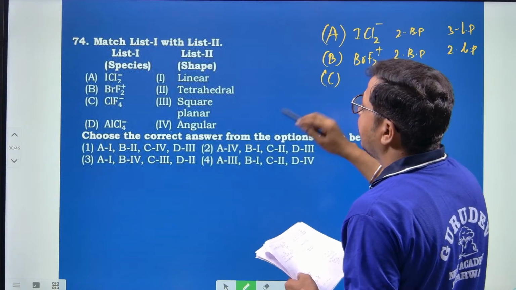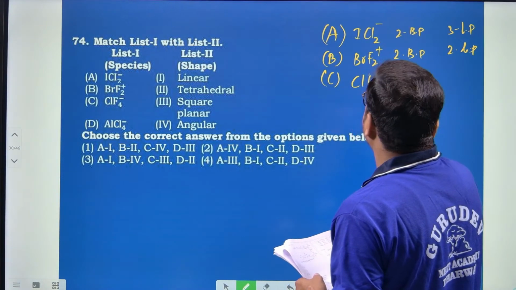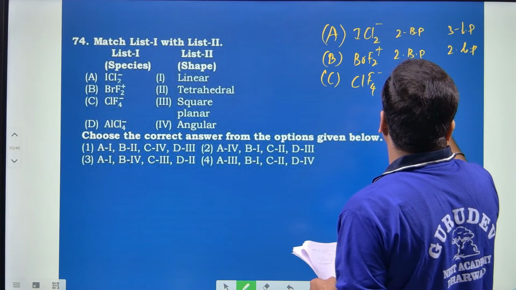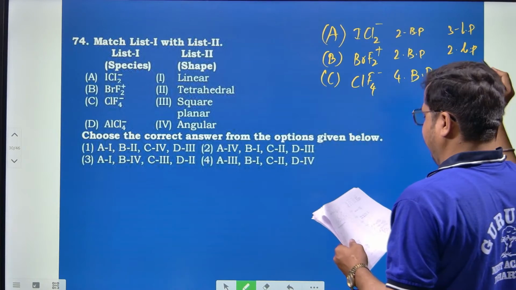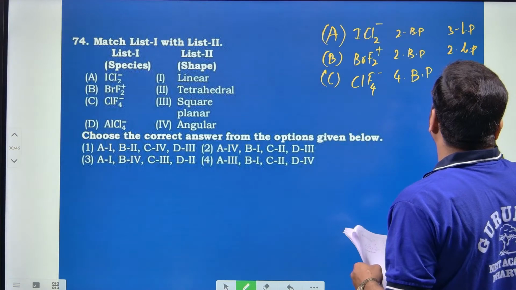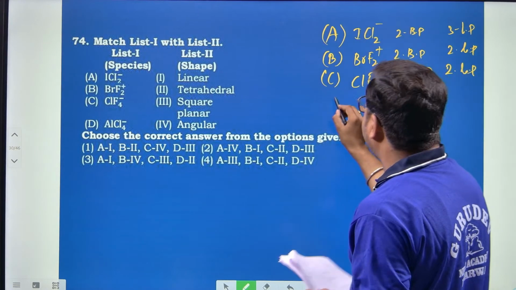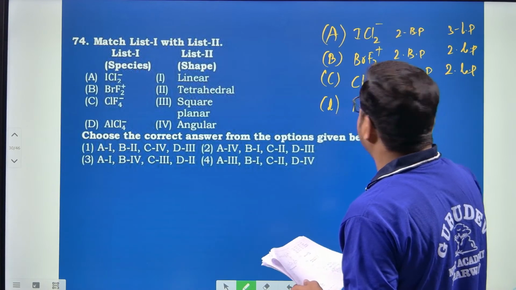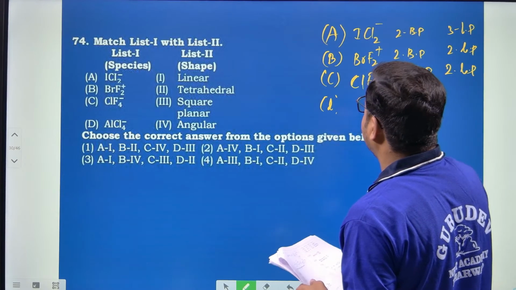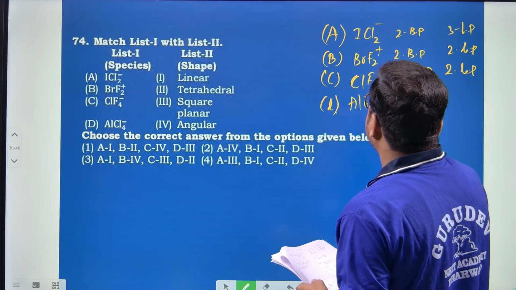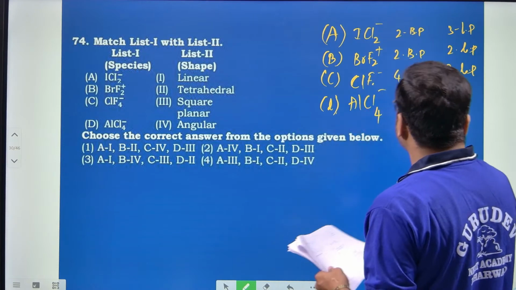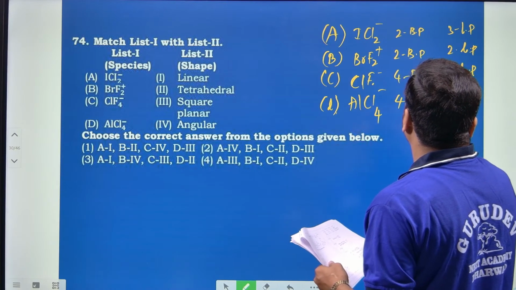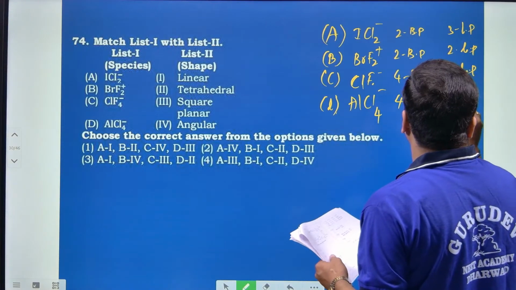And C, ClF4 minus, contains 4 bond pairs and 2 lone pairs. And in option D, AlCl4 minus is also containing 4 bond pairs and 0 lone pairs.